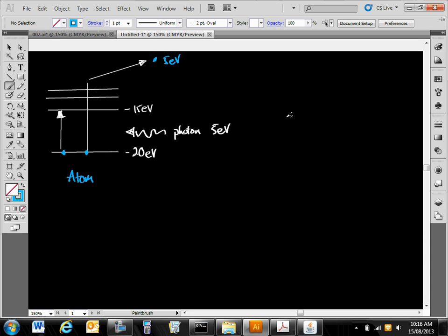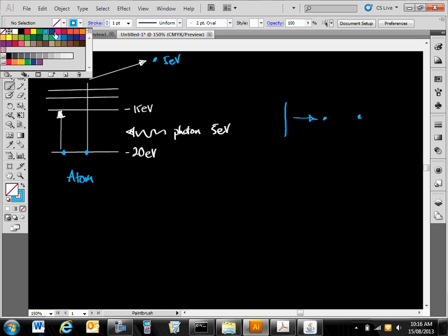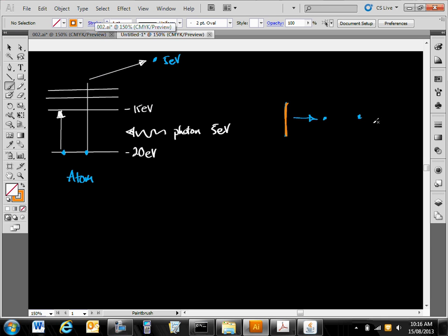Because I know if I've got electrons, say this is our metal surface here, and this is the electrode, I have electrons moving across this gap here. Okay, this is an electrode. This is the other electrode, and they are connected via a circuit.